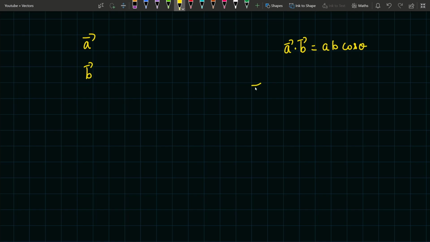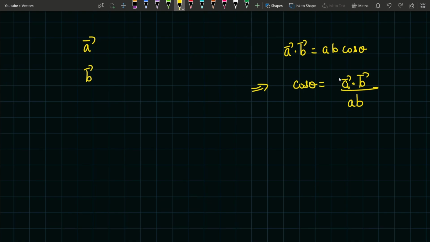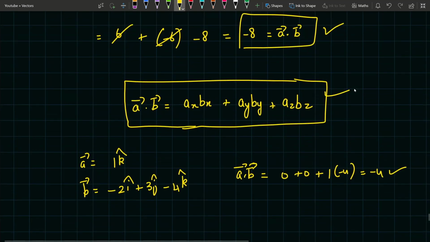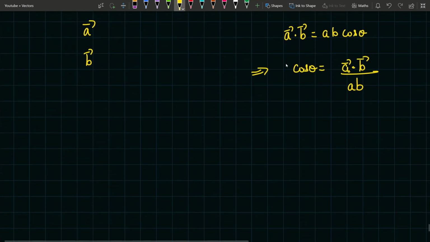So this implies cos theta equals A dot B divided by AB. I know A and B in terms of IJK. I can perform this dot product using this formula. After doing that, I also know the magnitude of A and magnitude of B.